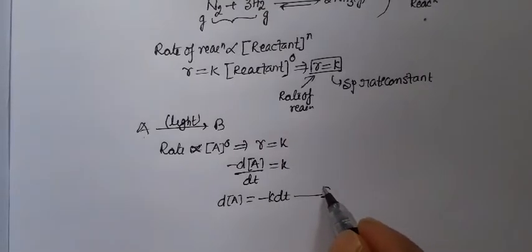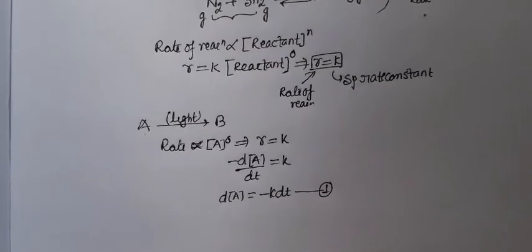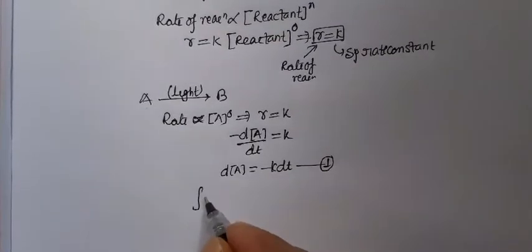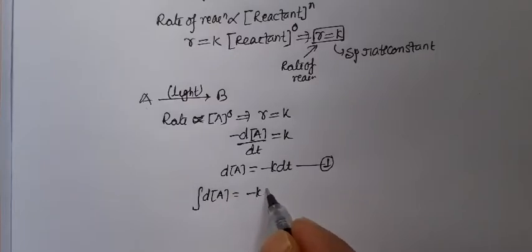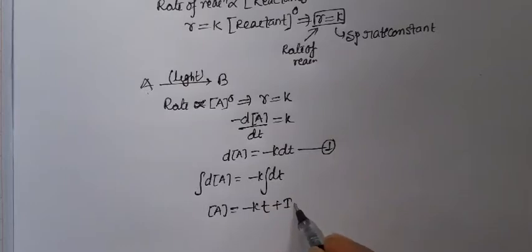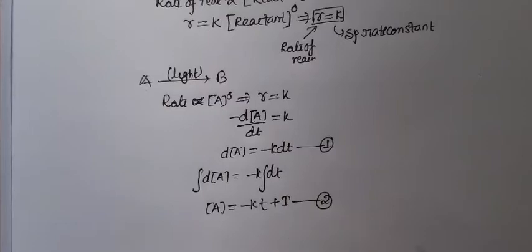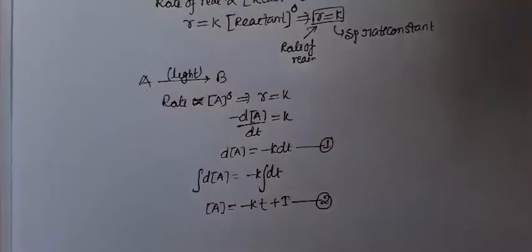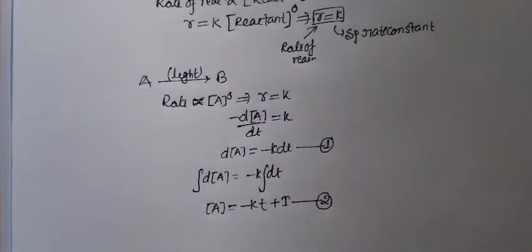If we consider this equation as 1, then integrating the above equation on both sides, we have integration of dA becomes concentration of A, minus K integration of dt is equal to t, plus I, where I represents the integration constant.